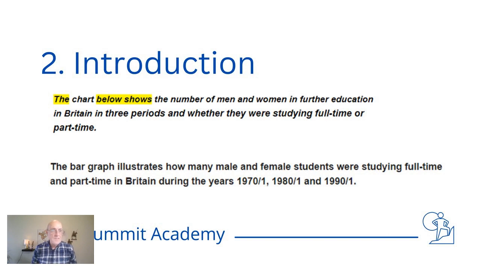Okay. The first thing, once we know the three things that we're going to write on, is we're going to write our introduction. Because those three things, summarizing, reporting, and comparing, are going to make up 3 paragraphs in our essay. But before we write those 3 paragraphs, we just want to write a very brief introduction.